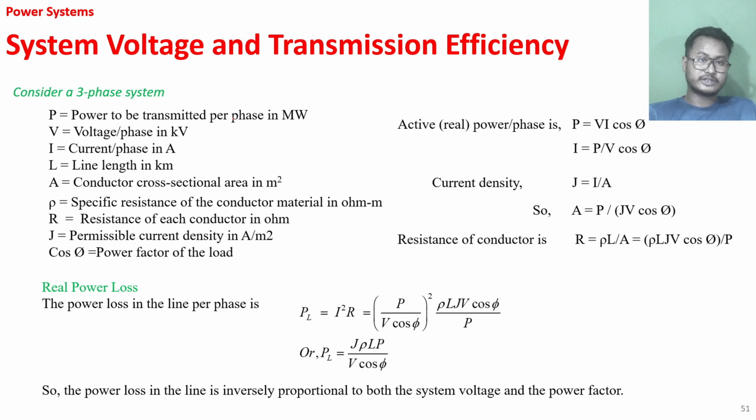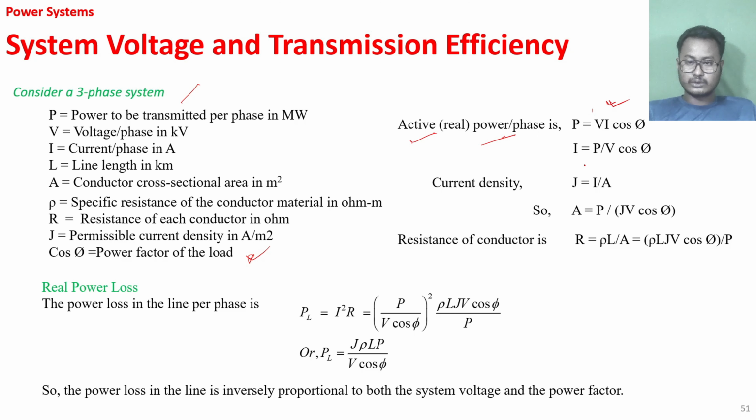Consider a three-phase system, and all the values here: P is the power to be transmitted per phase, V is the voltage per phase, and cos theta is the power factor of the load. The active or real power per phase is P = VI cos theta.